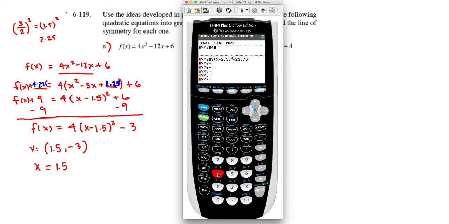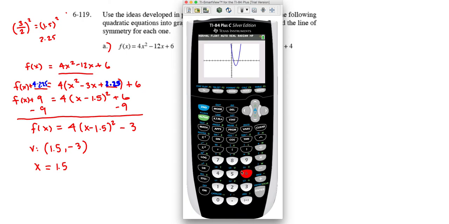Sorry, I didn't see that. 4x squared minus 12x plus 6. And then let's put in the second one. Let's clear it out. We've got 4 times the quantity of x minus 1.5, square it, and then subtract 3. And then let's just do a standard zoom here to start out.